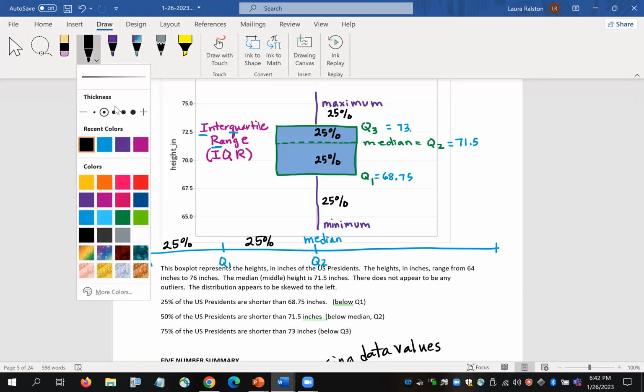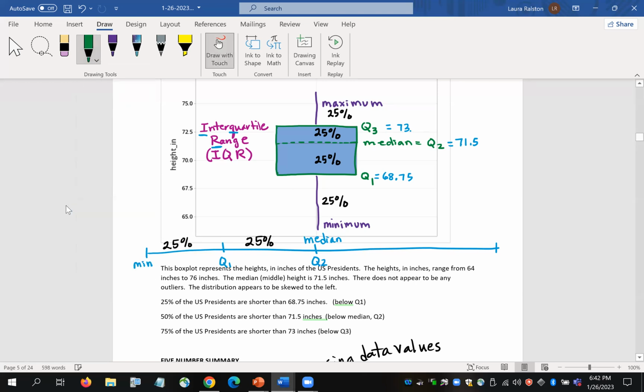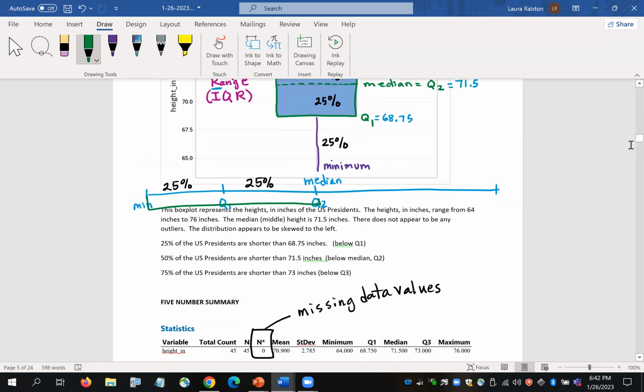So between the minimum and Q2, you have 25 and 25, which is 50. So when we do the median, we have to say that 50% of the data, in this case, the heights of US presidents, are below 71.5.